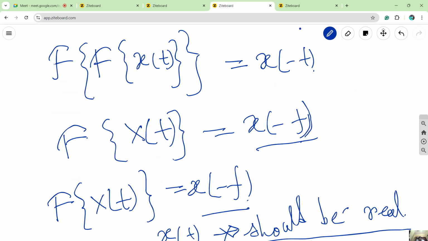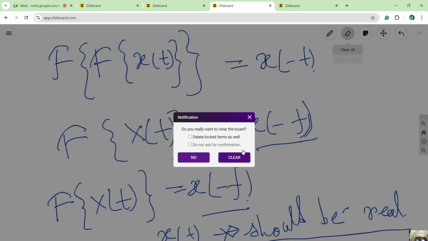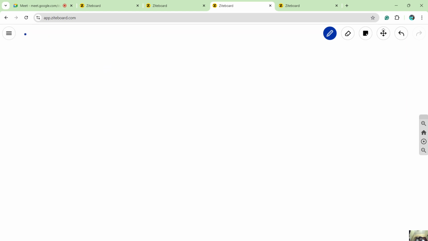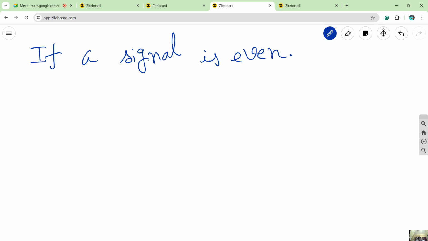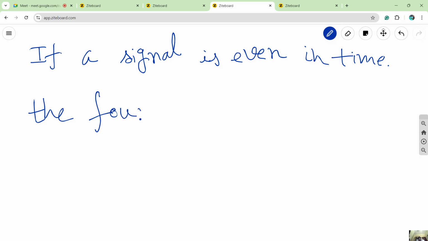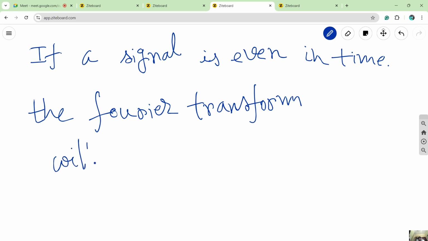So the conclusion is, if a signal is even in time, the Fourier transformation will be real.